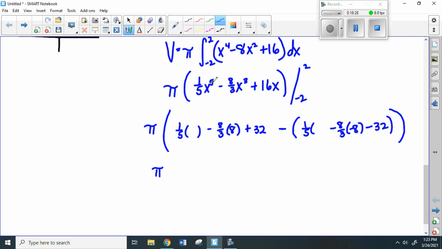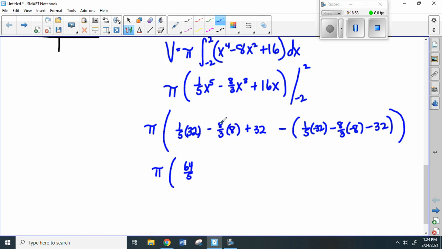All right, hopefully you caught that when you were watching it. So +2 to the 5th is 32, and -2 to the 5th is -32. Okay, there we go. Now it makes sense. So this becomes 32 over 5, and this becomes, when I distribute the negative, +32 over 5. So I can add them, and they already have a common denominator.